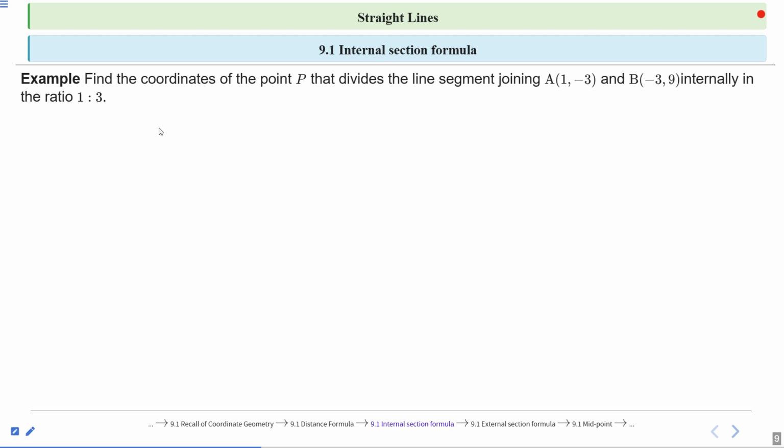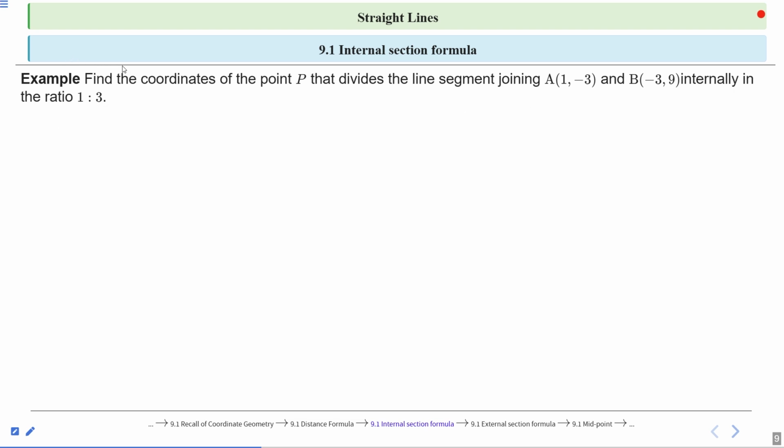So now we discuss an example of the internal section formula. In this example, we have to find the coordinates of the point P that divides the line segment joining A(1, minus 3) and B(minus 3, 9) internally in the ratio 1 is to 3.